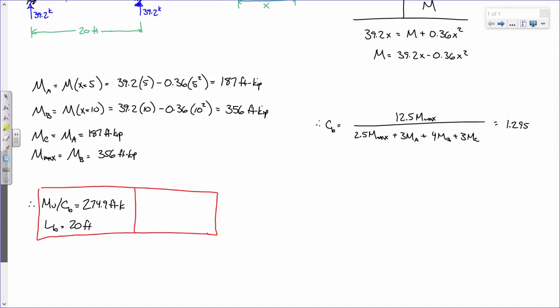W14 by 61. Is everybody able to find that? If you're not able to find that, don't be shy. This is the time. Yes. All right. That's fine.